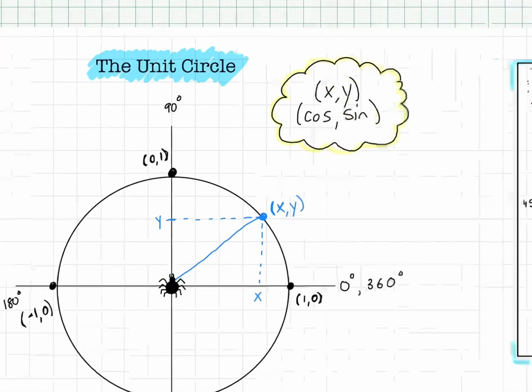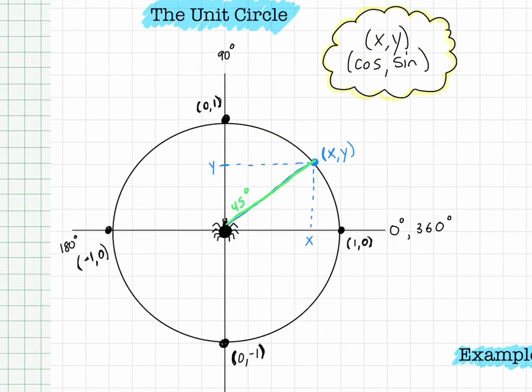So 45 degrees is going to be halfway between these two. So 45 degrees is going to be right around this area. So I'll label that. This is 45 degrees.